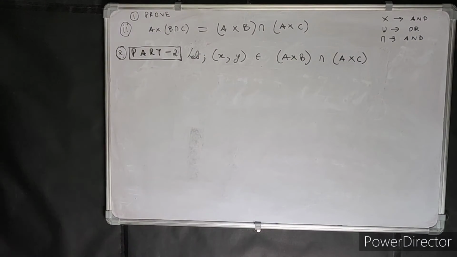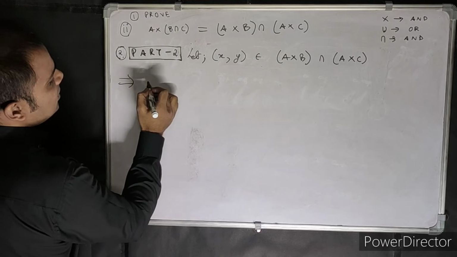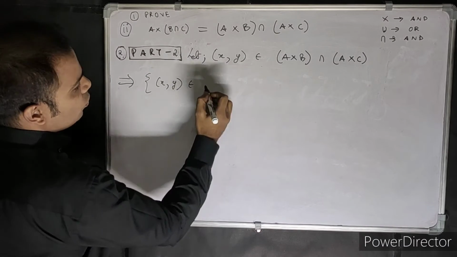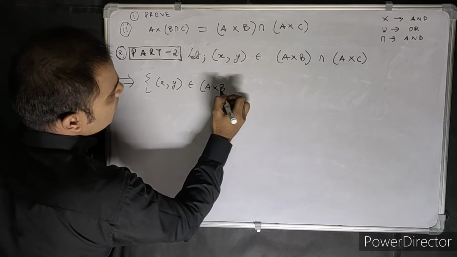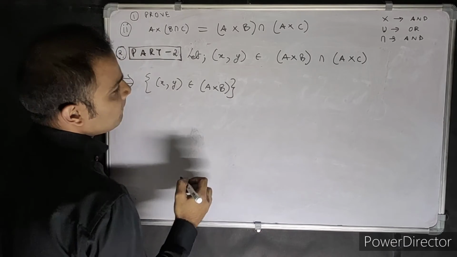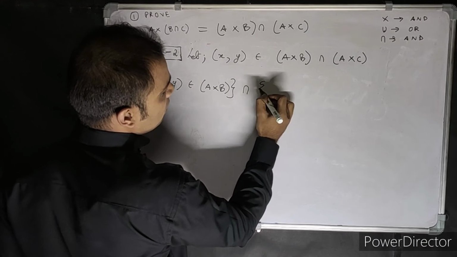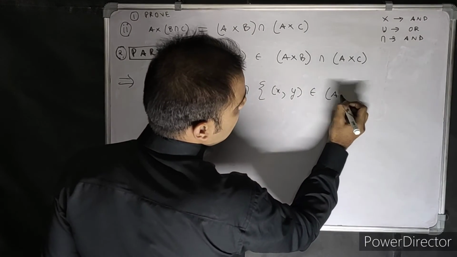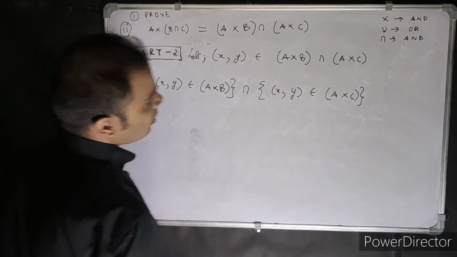If you can do it with me, then let's do it together. Now this implies that (X, Y) belongs to A cross B intersection (X, Y) belongs to A cross C, right?